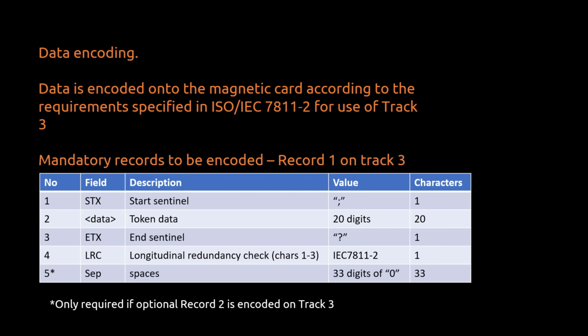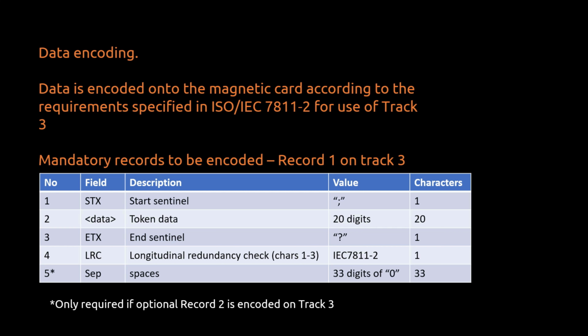The mandatory records to be encoded: this is record 1 on track 3. Essentially you have an STX character or start sentinel. You have the token data itself coming next, which is 20 digits. You have an end of text or end sentinel, which is a question mark, and that's 1 character. And then you have a longitudinal redundancy checksum from characters 1 to 3, and that is specified in IEC 7811-2, and that's a single character.